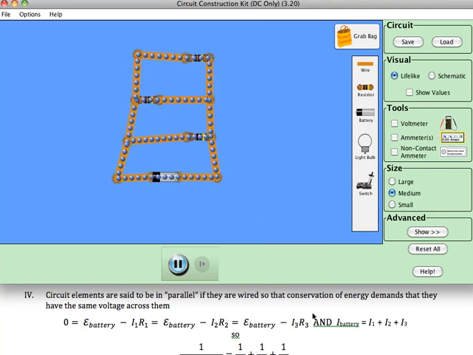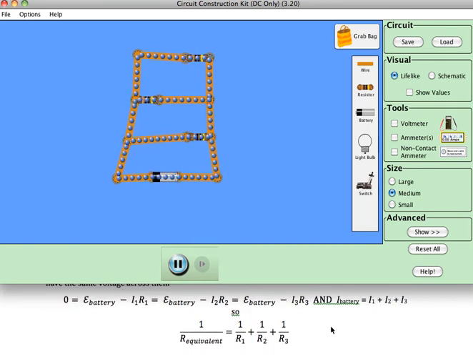If you put these two ideas together, you find out that I can replace all 3 of these with an equivalent resistance. 1 over the equivalent resistance is 1 over R1 plus 1 over R2 plus 1 over R3.